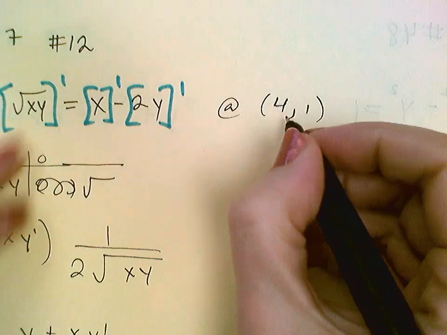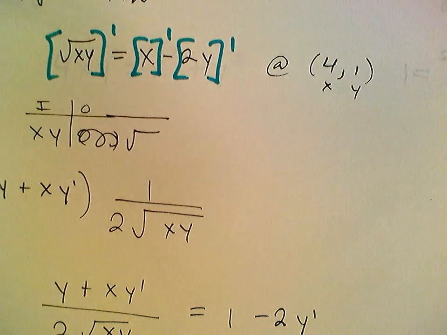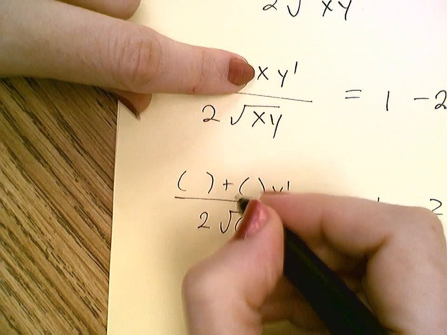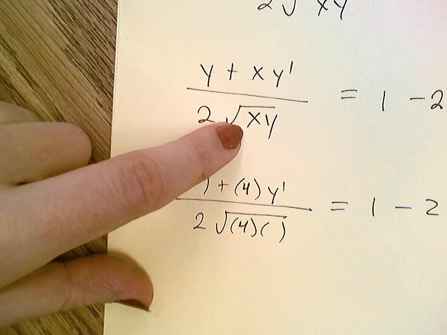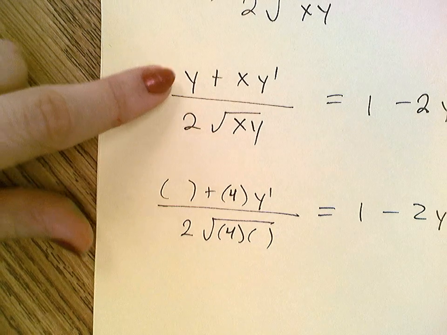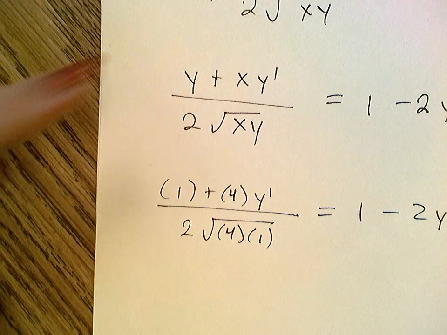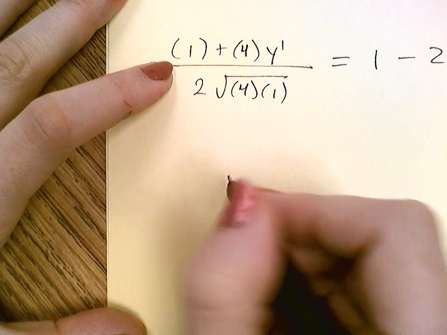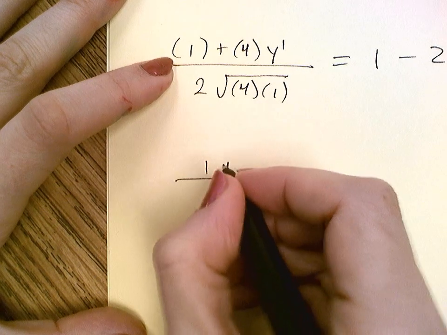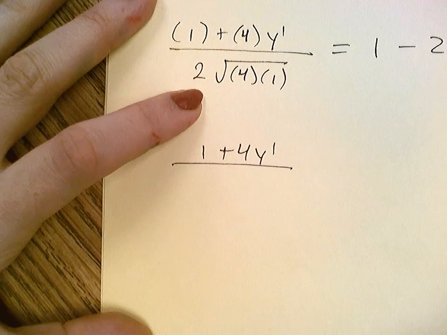Now 4 is going in for x, 1 is going in for y. So where did I see x's? I'm putting a 4. There was an x, there was an x, and then for y's I'm putting 1s.